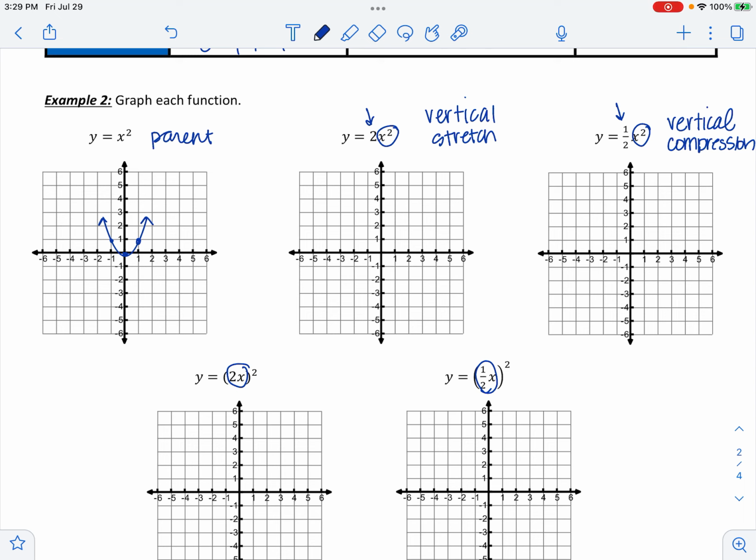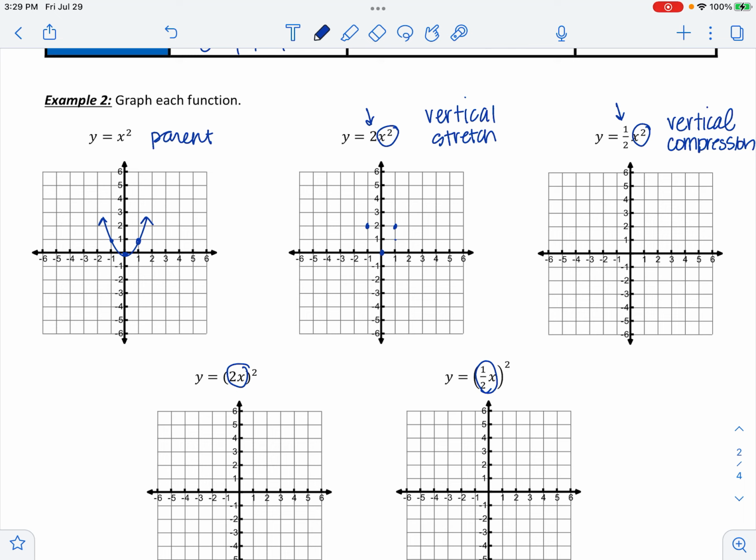Okay. All right, so now we could just say vertical stretch looks like this. It's skinnier, right? We could do a sketch of it. We allow that as long as it's inside 1, 1 and -1, 1 when you're actually doing these. But just to prove it to you, let's plug in 0, -1, and 1. When I plug in 0, I still get 0. When I plug in 1 this time, 1 squared is 1 times 2 is 2. So notice these points move up here when they were originally here and here.